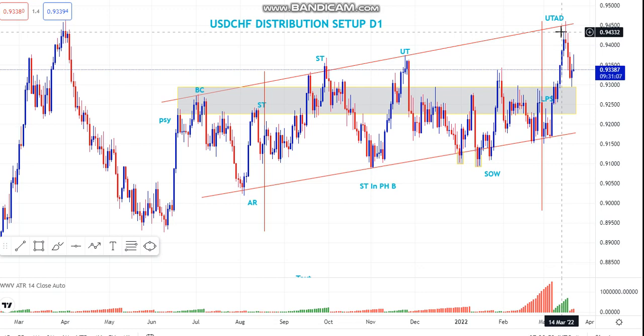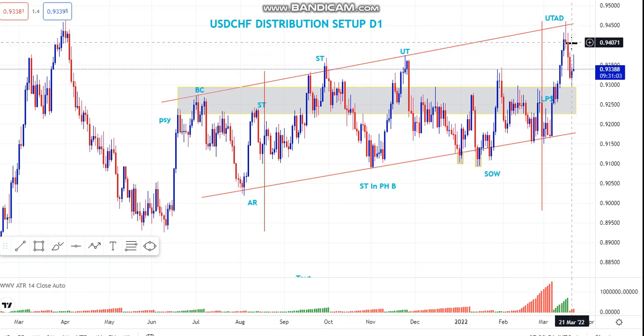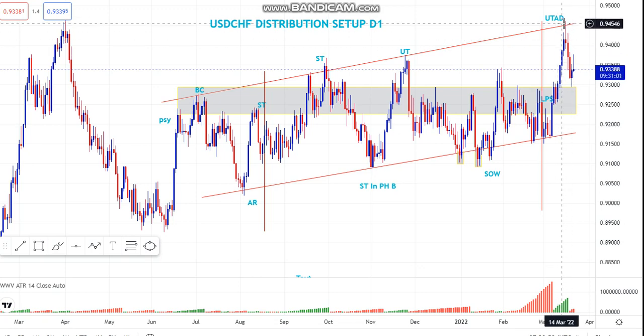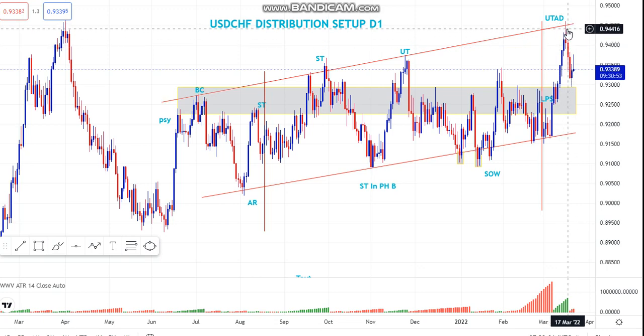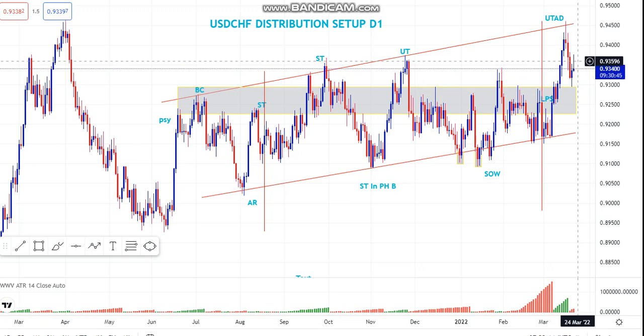The market touches this price area and breaks with, you can see here, an upthrust, or in other language you can say a pin bar. The market created the pin bar here, or upthrust, and then went down. So this is the complete distribution setup, and the market is in phase C.